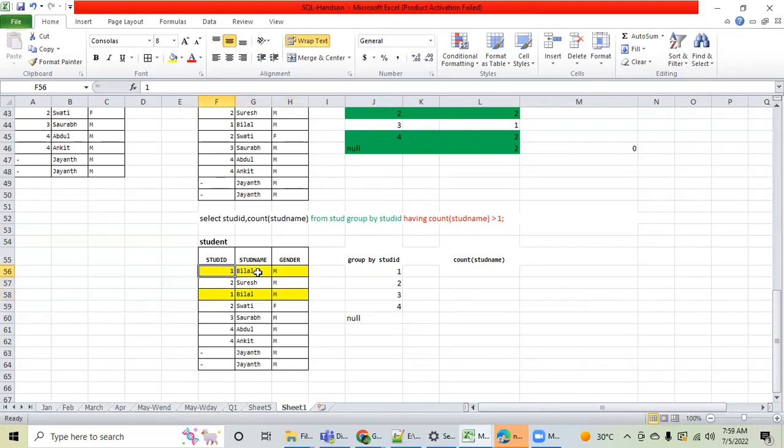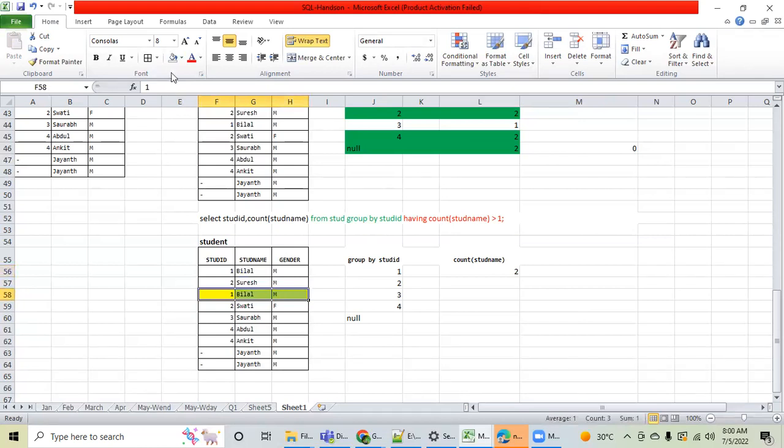For this one, do you have a student name value here or is it null? You have the value here, so it will mark it 1. For the second student ID, do you have any value in the student name column? Yes. So 1 plus 1, this is 2. Okay, let me complete this. Next is your student ID 2. So this is done.